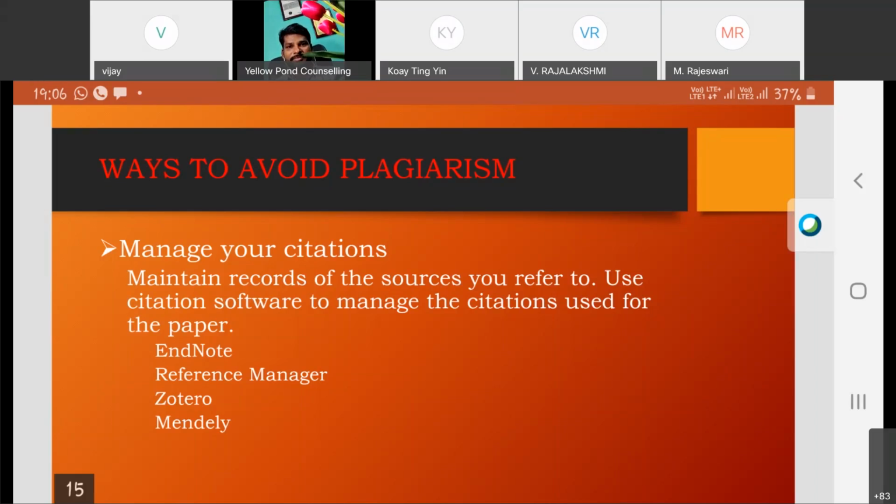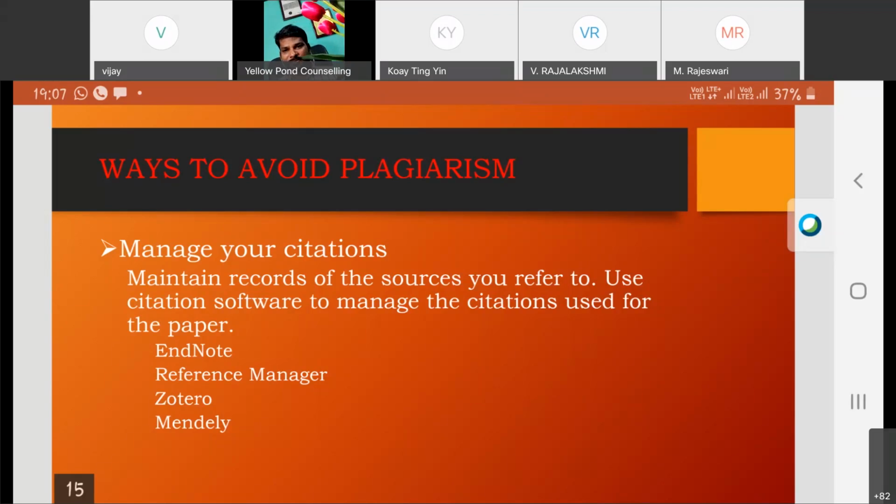Actually, Mendeley has many features. If you want to write your paper, it gives many referencing styles, like Chicago, Vancouver, or APA style, or some other style. So what style you have to use?